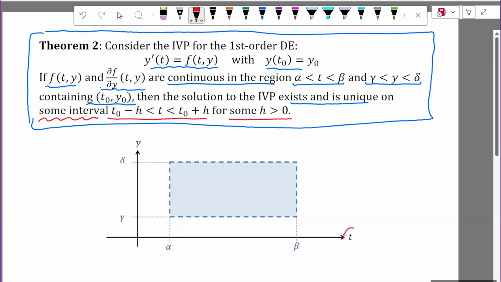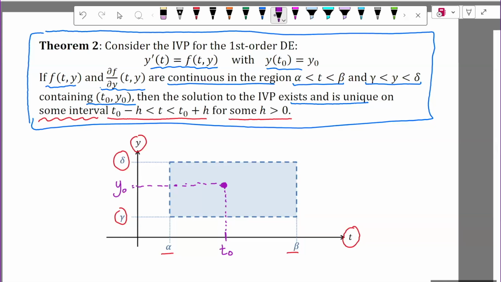For t between two values alpha and beta, and for y between two values gamma and delta, what this theorem tells us is that for some initial time t naught, we are given an initial value for y. So that's given up front in our initial value problem. This is our value for y naught, and it sits somewhere in this rectangle.